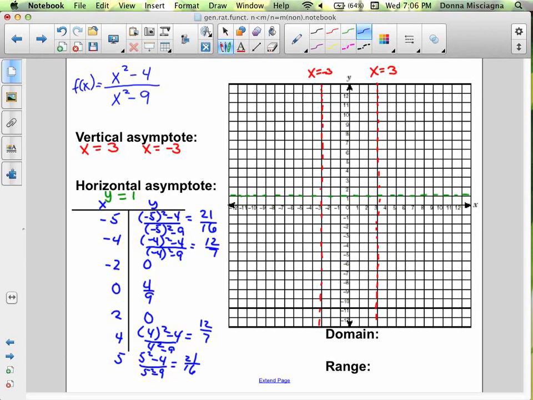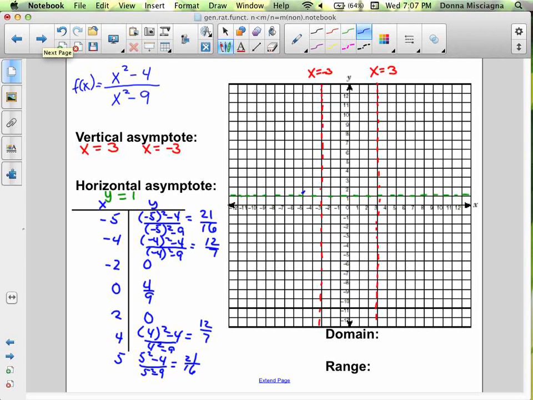All right, so let's graph our points. We have -5, 21/16. And that, by the way, so 12/7 is closer to 2 than 21/16 is. 21/16 is less than 1.5. So it's going to be about here.